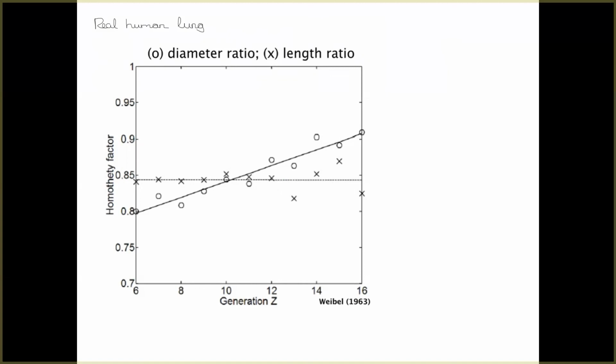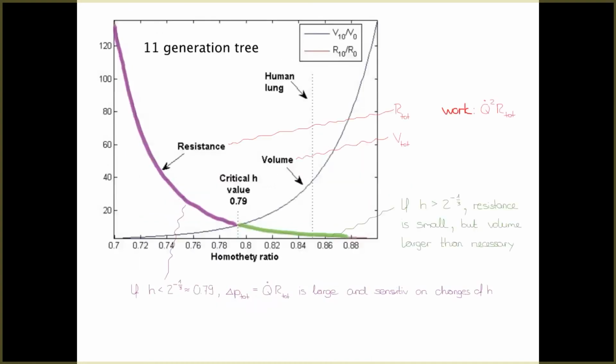On the safe side, it's a bit larger because the value which we have computed is 0.79. That's this green line. So it seems that nature has basically converged on a value which is slightly higher than the optimal one. But when I go back here, then we can see that we are now somewhere in this range, so on the safe side. Okay, so there is margin for some disturbances due to, for example, illnesses.